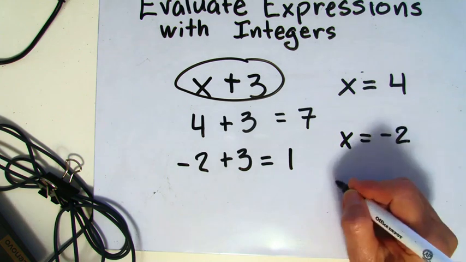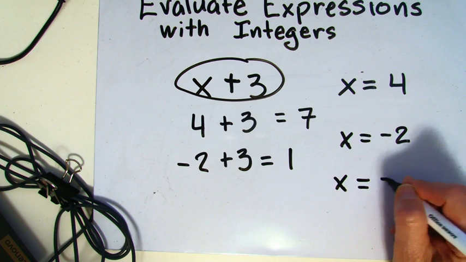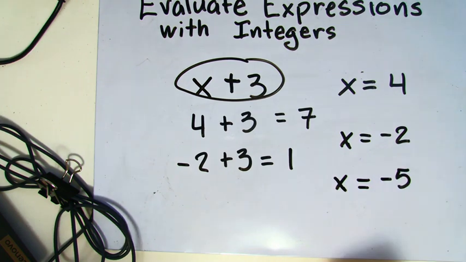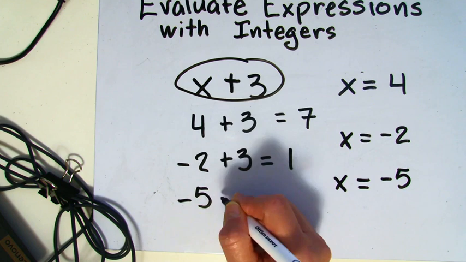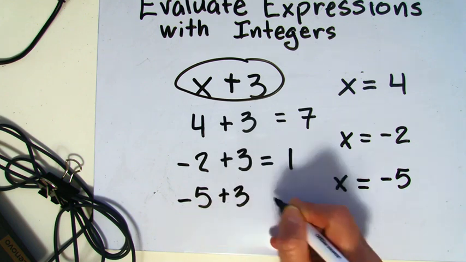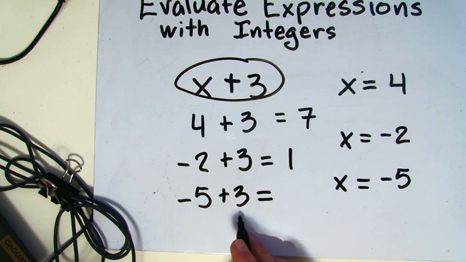Let's say that x is equal to negative 5. Negative 5 plus 3, a negative and a positive. The difference between 5 and 3 is 2.